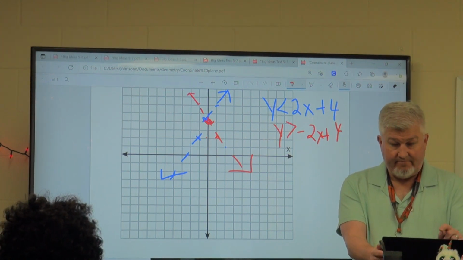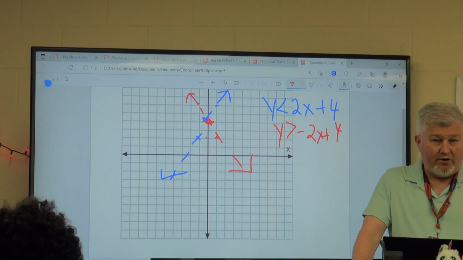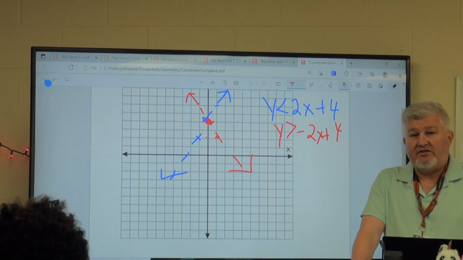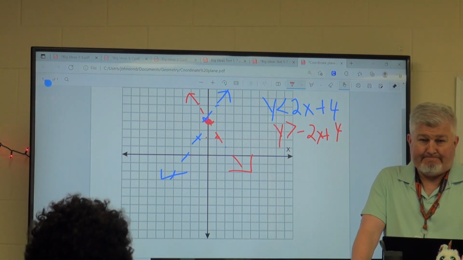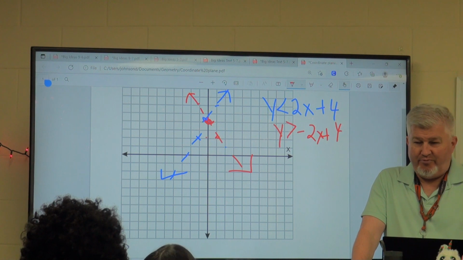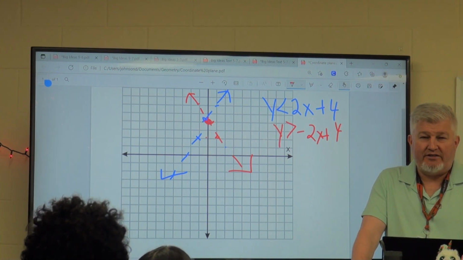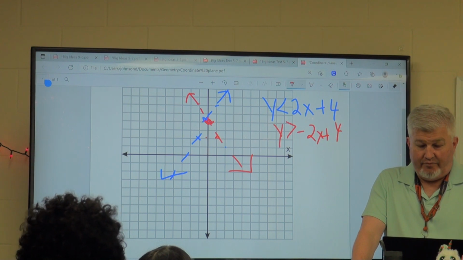Question: is there a solution to this system of linear inequalities? I have a yes. I have another yes. What do you think the solution is? Oh, let me color.